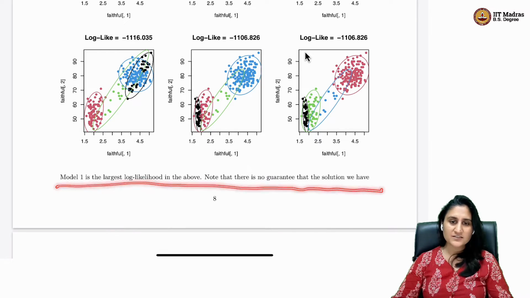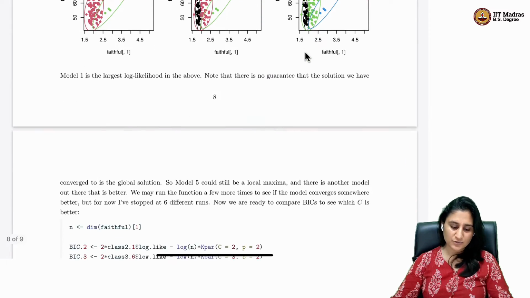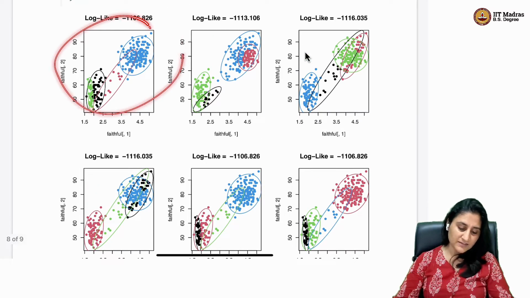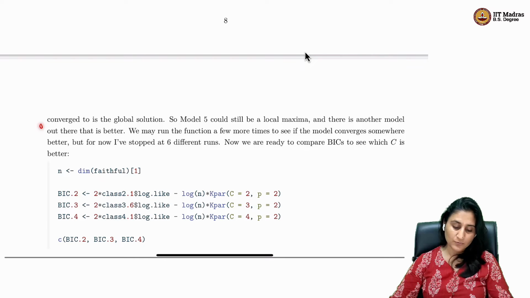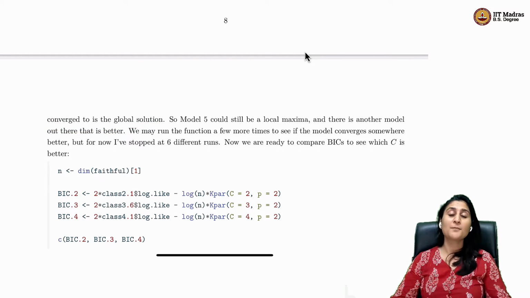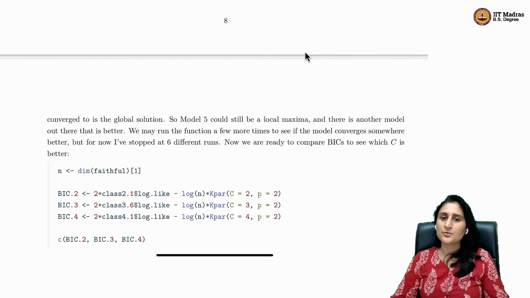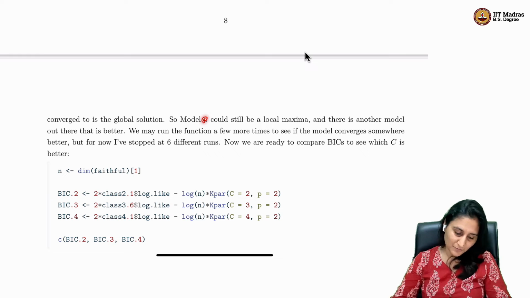Now, again, I want to stress that there is no guarantee that the solution we have converged to here, in this case, model 1, is in fact the global maximum. We don't know it. We know it is the best amongst the ones we implemented, but we're not sure if it's the global maxima or not. Okay, model 1, not model 5.